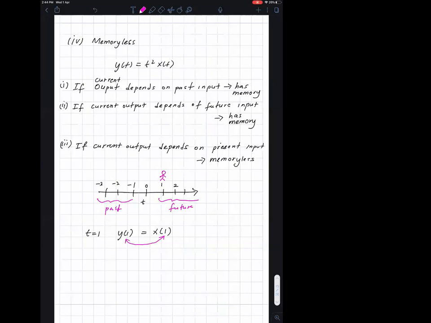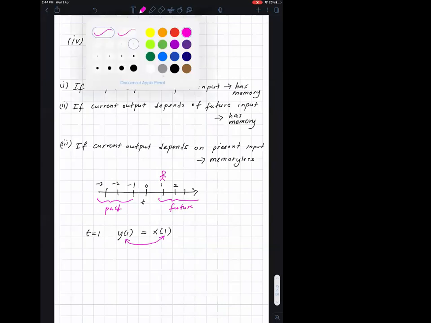Present and current, they're the same thing. So this is memoryless.